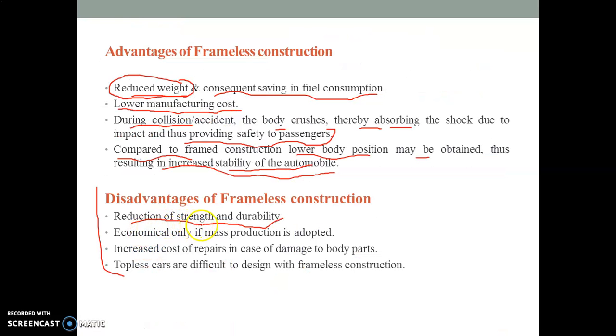So here strength is less, durability is also reduced. It is economical only if mass production is adopted, so for that the number of pieces to be manufactured is large in the case of frameless construction.